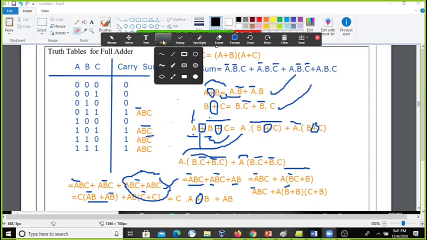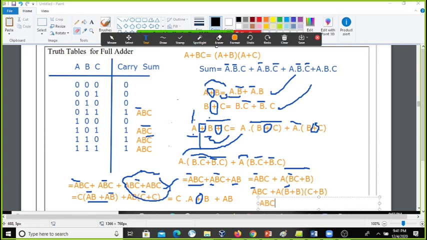Therefore, this is equal to ABC plus A into C plus B. Then you get A bar BC plus A into B plus C.